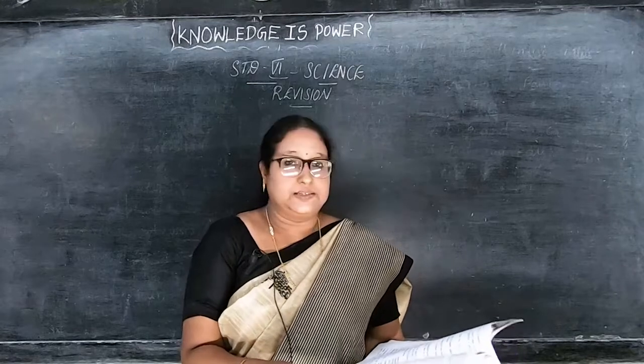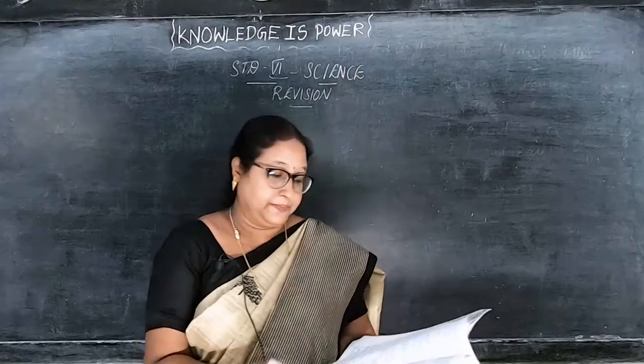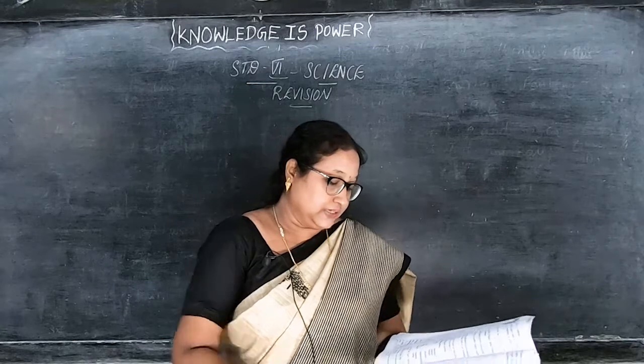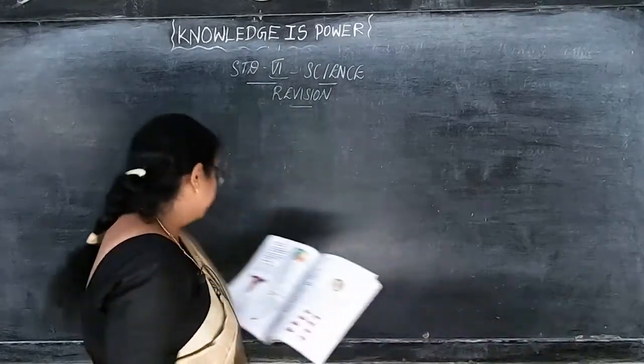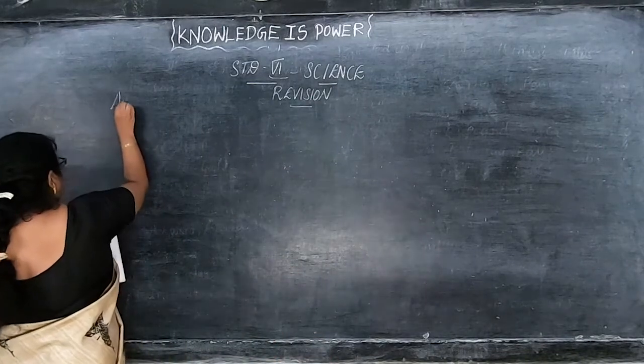You know how many lessons? Lesson 1, lesson 3, 4 and 5. Now from the first lesson, we'll go to the question answers. See page number 4, lesson 1. Answer the following.